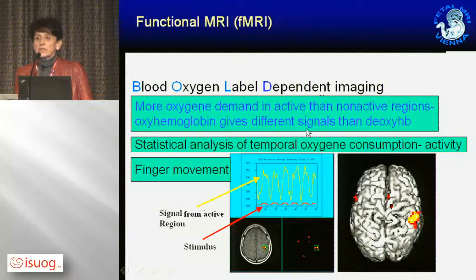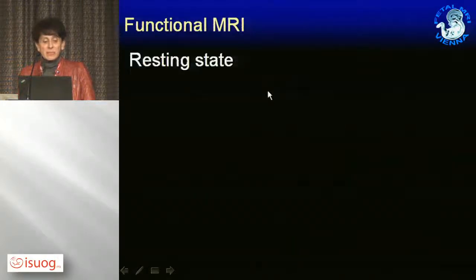Usually, we do it in adults or in children when surgery has to be done and when we don't want that something is resected that has a function. So if something has to be resected that has a function in the motor area, we have finger tapping, and then we get these signals in the central area of the cortex. And now you will laugh and say, now she's telling us stories, because how will she tell the fetus to do finger tapping? Well, we don't, but there is another method, and this method is called resting state MRI.